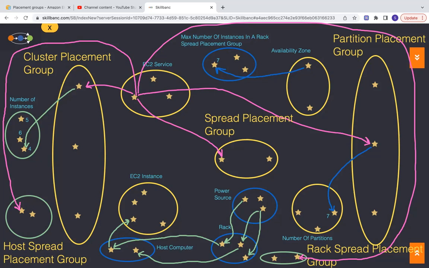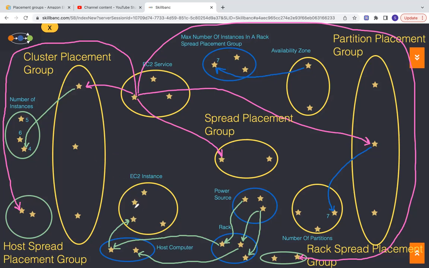Placement groups, the word is placement. Where are you placing your instance? There are some rules in the documentation they specify. For example, if you terminate an instance and then you launch it again, then it is not going to be in the same placement group.